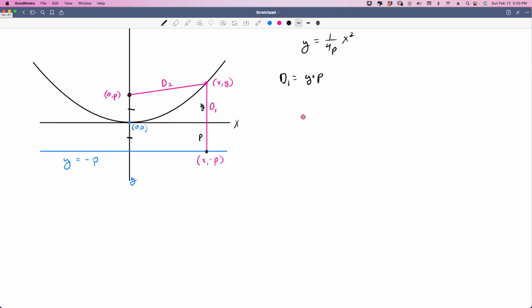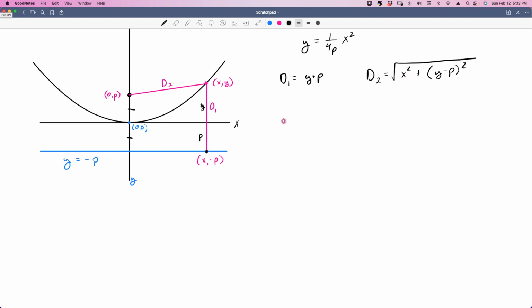Okay, so then we use the distance formula to get the distance from (x, y) to the focus, (0, p). And this is what we find. We get distance 2 is equal to the square root of x squared plus y minus p squared. That's how we use the distance formula here, because x minus 0 is going to be x.